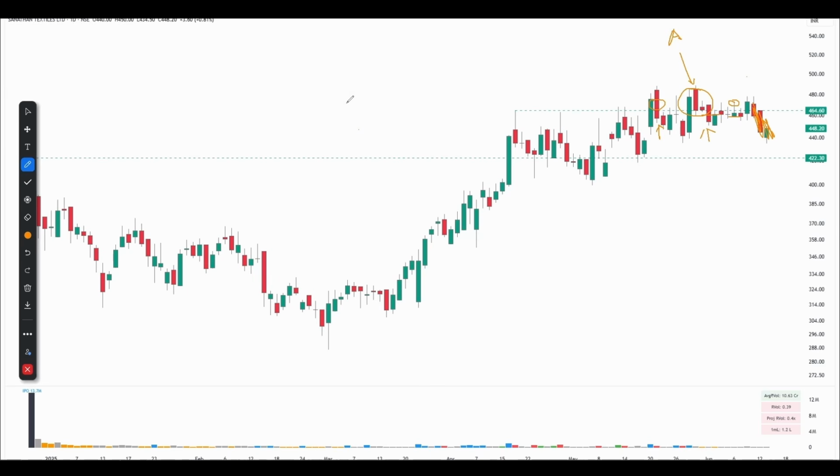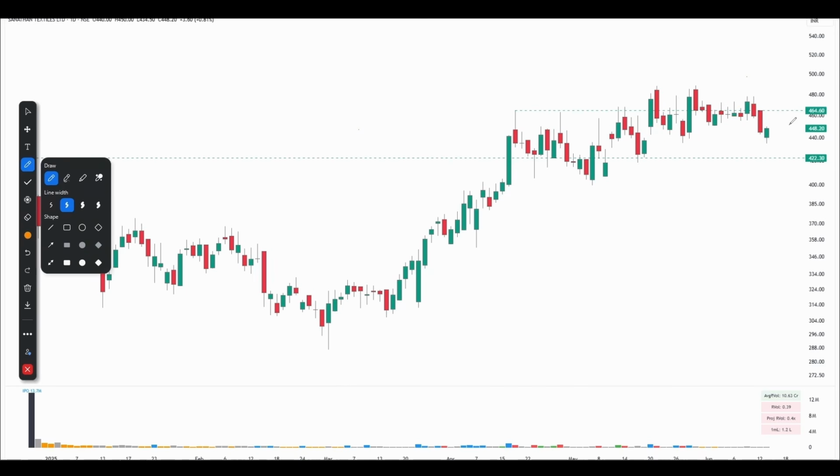Now they will assume that all of the SL has been hit and it has got the necessary liquidity that it needed to go up. But again, after this breakout, which is this one, it resulted in a breakdown, and ultimately whoever entered in this breakout candle exited after taking a stop loss.